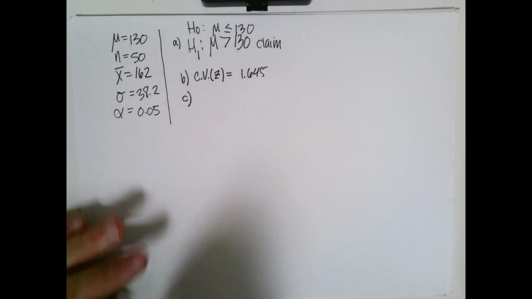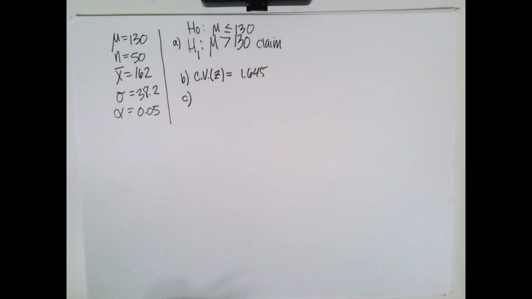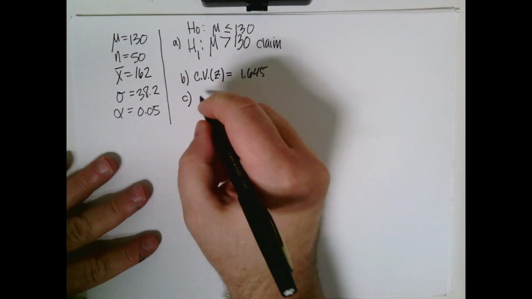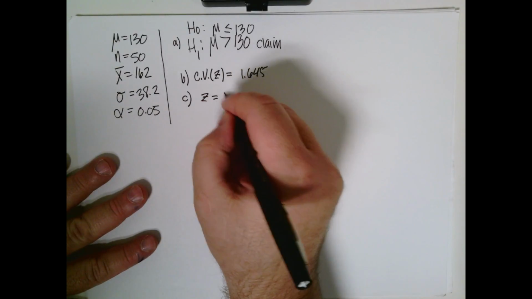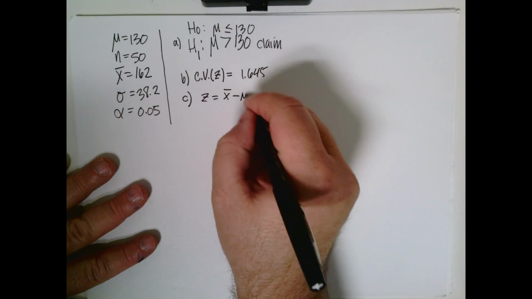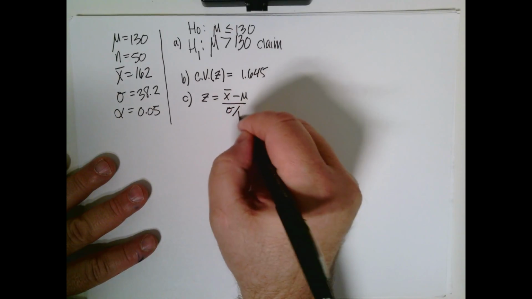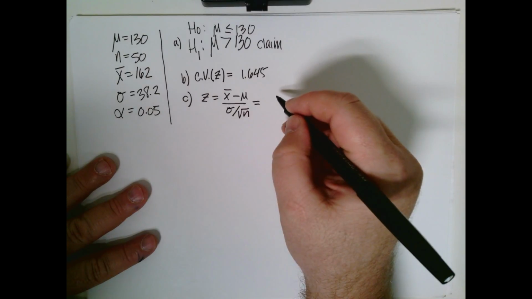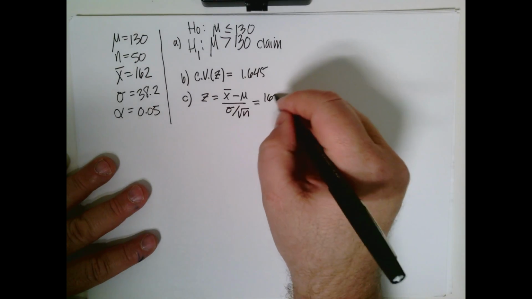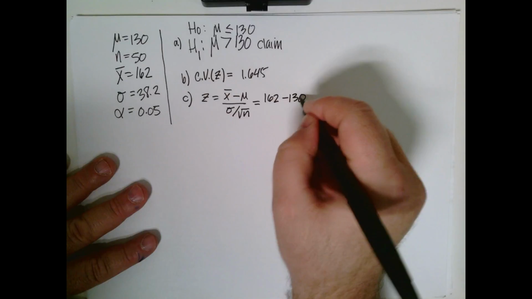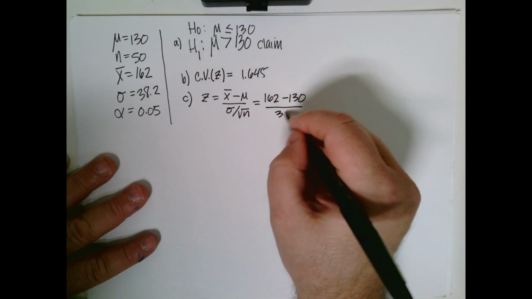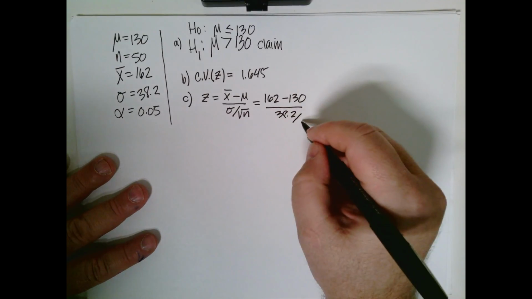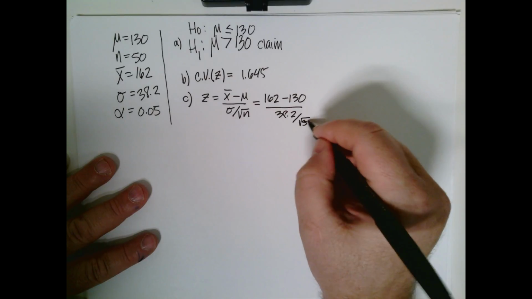So now the third part is we go to our formula on the sheet, which is Z equals x bar minus mu over sigma over the square root of n. We just plug in all our pieces. X bar is 162 minus 130 over 38.2 over the square root of 50.